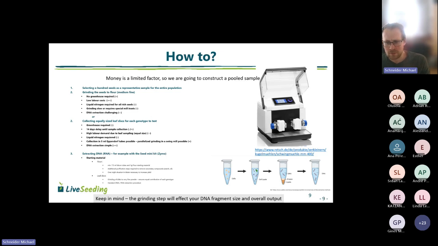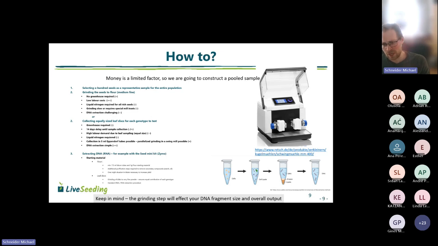There are some commercialized kits that can lyse the cells and remove all the remaining debris and unwanted particles, like lipids, proteins, whatever, so that you end up with pure DNA. This is true for the leaf, but also for the seed.